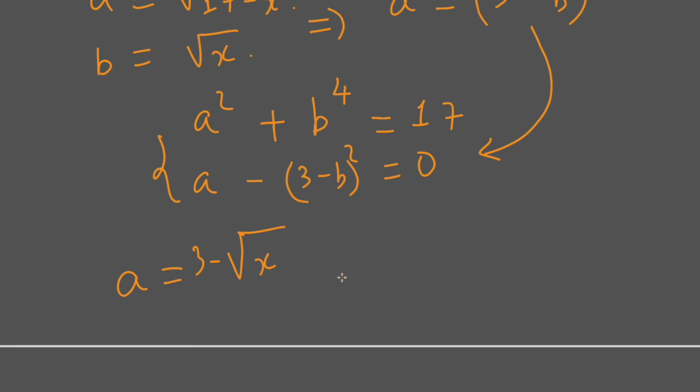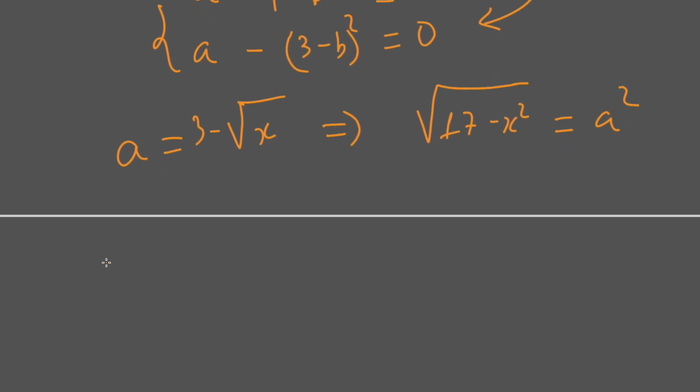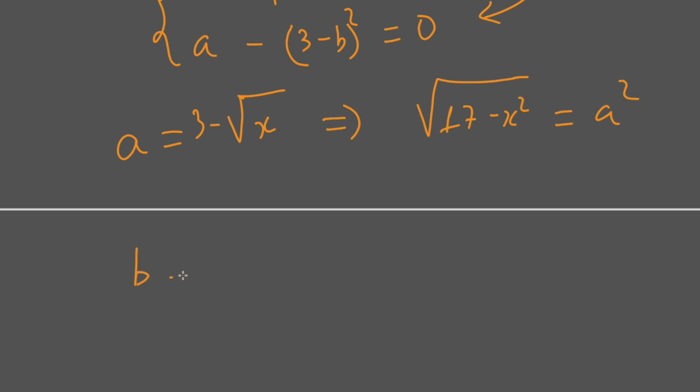Then you will have the square root of 17 minus x squared equal to a squared. Then you put p equal to square root of x. Then we have p squared equal to x.